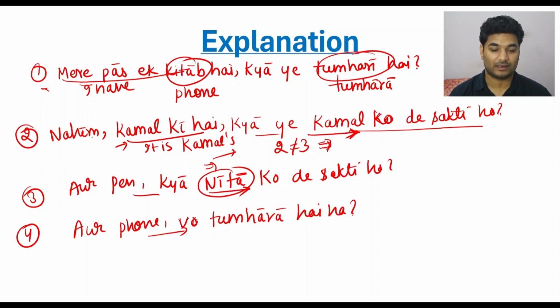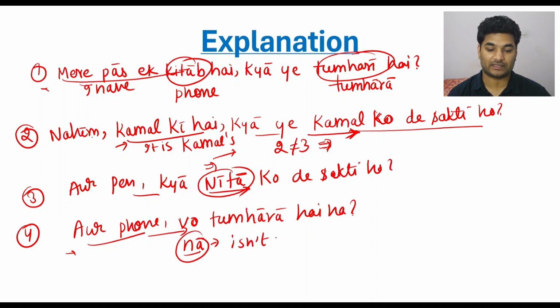So she's saying in a funny way, and phone, that is yours, right? Na. When we put na in the end of a sentence, it means, isn't it? And phone, that is yours, isn't it? She's saying in a funny way.